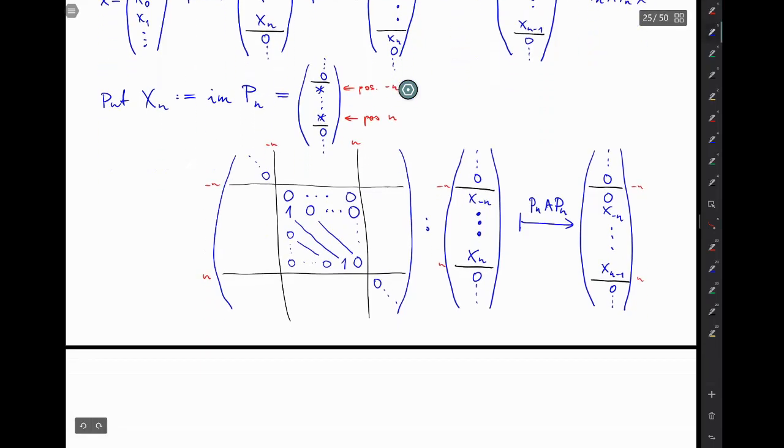But instead we look at this operator Pn, A, Pn as an operator that is restricted to the subspace Xn here. And of course its results are always in Xn. And in that sense here, all you're talking about is this finite square matrix here, which of course has a good chance to be invertible.